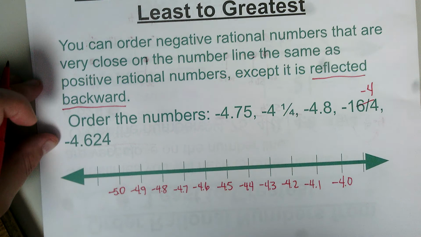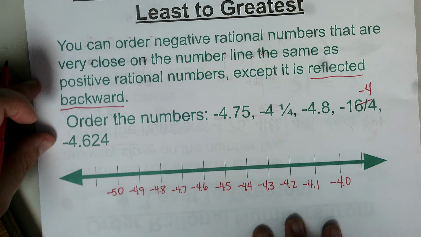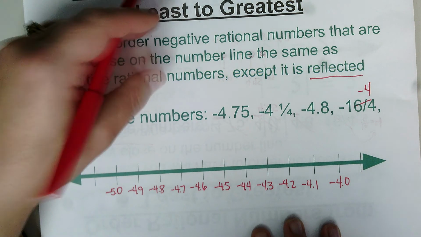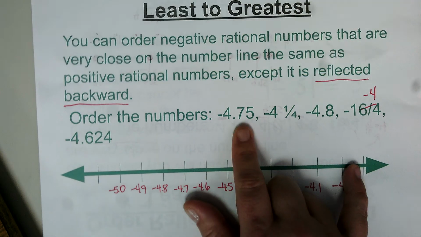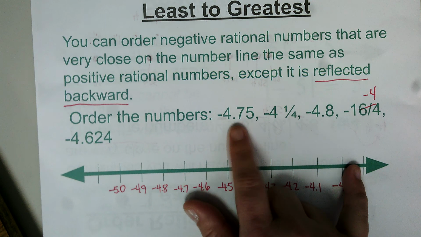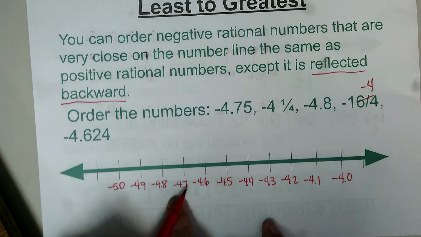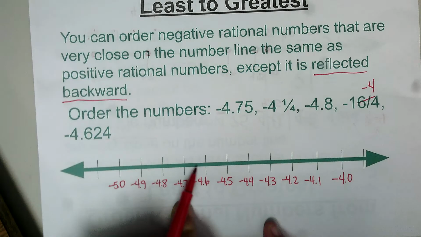Okay, so the same rules apply, except, like I said, everything is backwards. So we're going to start with -4 and 75 hundredths. I'm going to look between -4.70 and -4.80. So right here, I see the -4.7. Now, lots of students want to go this way because they're so used to it being positive and they put it here. But that's actually between the -4.6 and the -4.7.